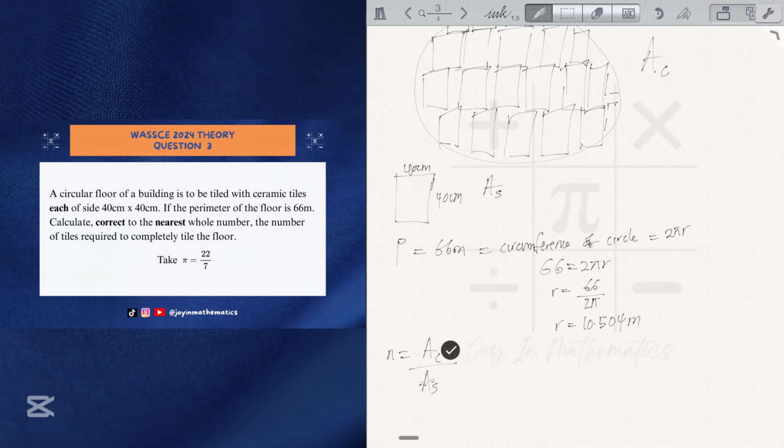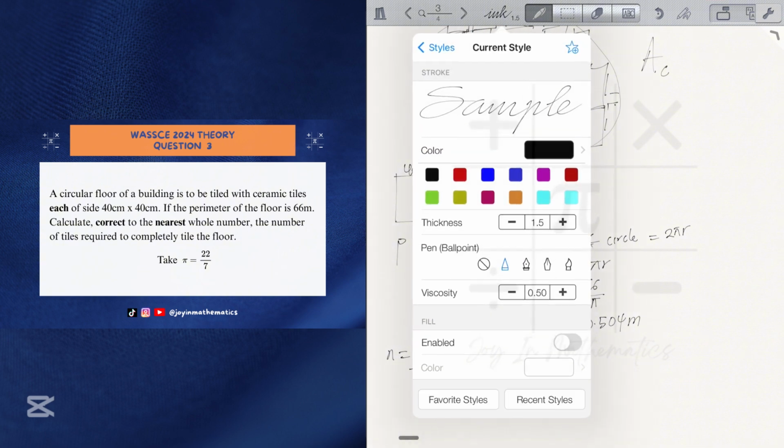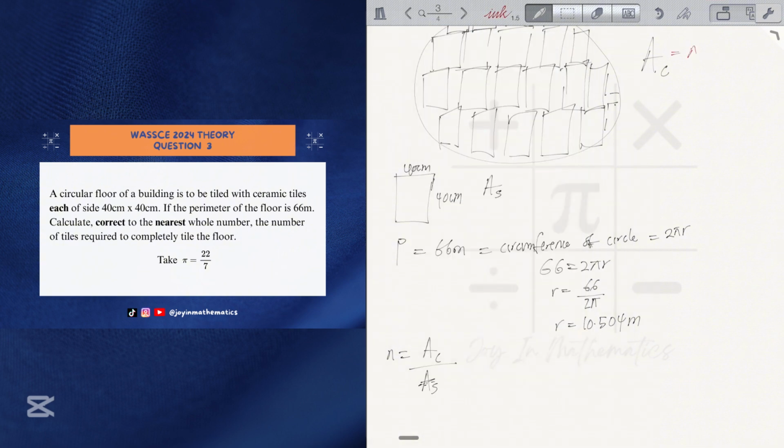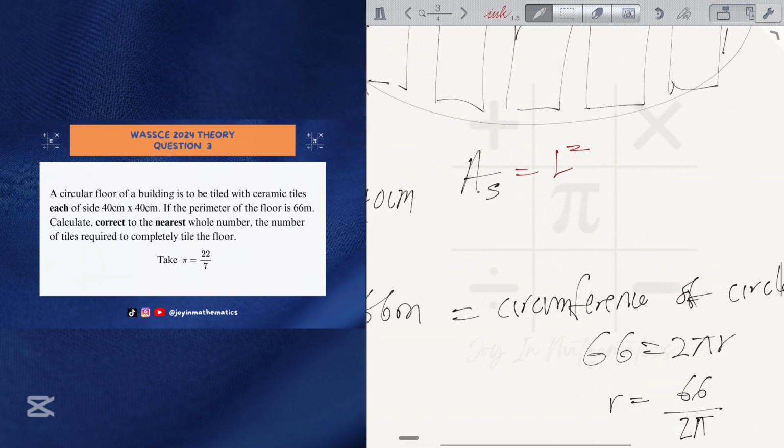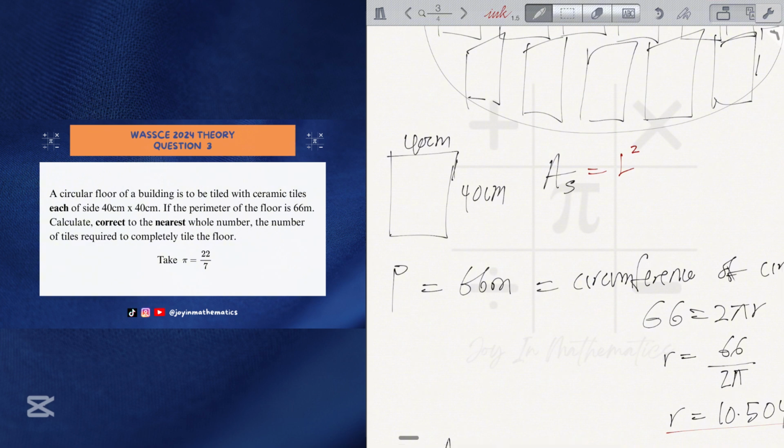So how can we find AC? AC is given as pi r squared. That is the formula for the area of a circle, and we have evaluated r to be equal to 10.504. However, the area of the square will be L squared, where L is 40 centimeters. Now, this is 40 centimeters, and we have the perimeter in 66 meters.